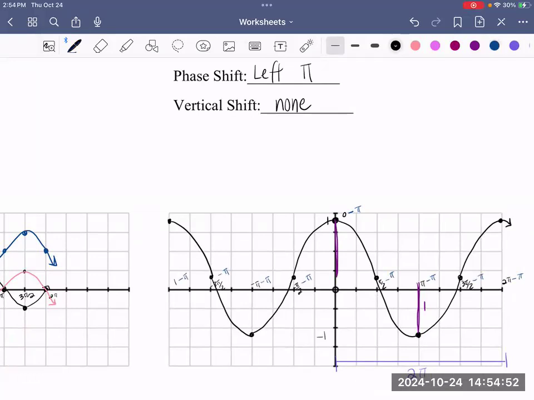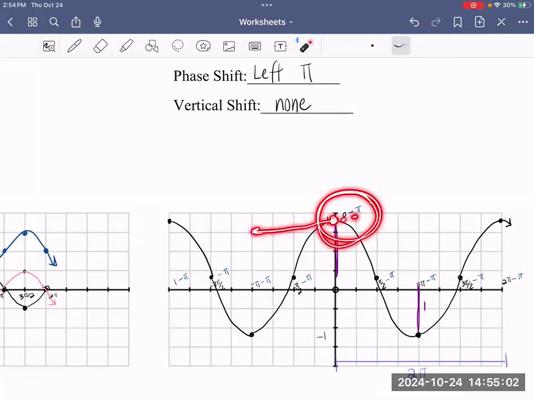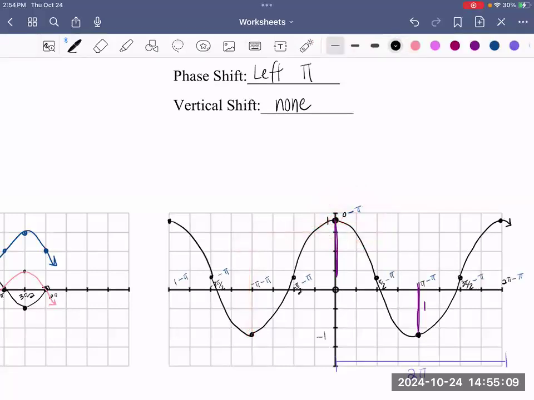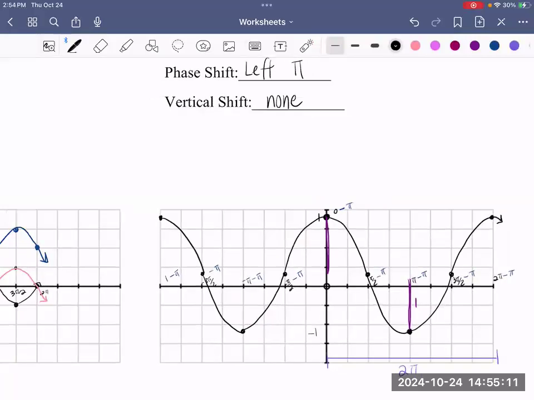So all of these values, your new value up here at 0 is now going to be at negative pi, so we're going to be up here. And notice that we were down low, and now that's going to be the opposite. And I'm thinking, do I want to change all of my values here?